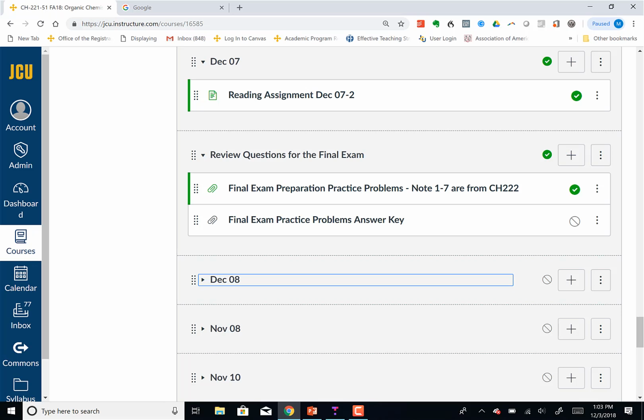In the library, there's an ACS study guide that has multiple choice problems broken down by topic. So they have addition reactions, they have SN1, SN2, E1, E2, so those will be there as well. And those are on 2-hour reserve in the library. Wait, so is this final your questions or ACS? So this final is my questions, but if you want more multiple choice questions, they're in the ACS study guides that are on 2-hour reserve in the library.